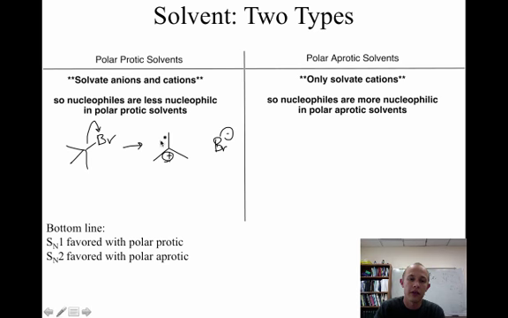So the polar protic solvent stabilizes the cation and the anion. Stabilization of the cation, or solvation of the cation, lowers it in energy, which means that SN1 is faster in polar protic solvents. Polar aprotic solvents cannot solvate anions, so we're not stabilizing the leaving group. So that means that the products are more stable in polar protic solvents than they are in polar aprotic. So SN1 is favored in polar protic solvents.